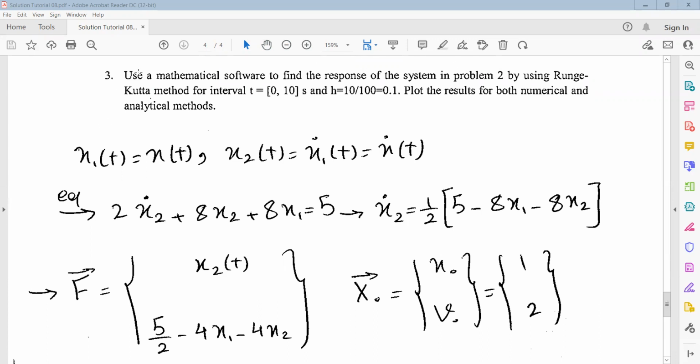We want to use mathematical software to find the response of the system in problem 2 in the previous problem by using the Runge-Kutta method for the interval between 0 and 10 seconds, when h is equal to 0.1, or 10 divided by 100. And we want to plot the results for both numerical and analytical methods.